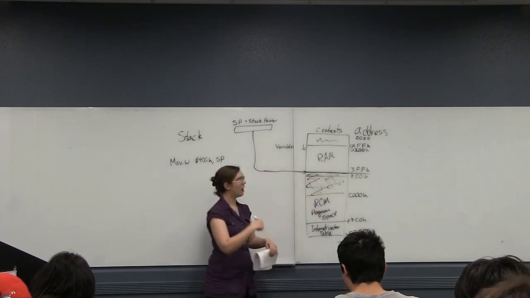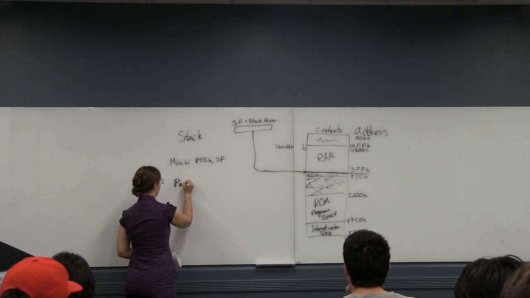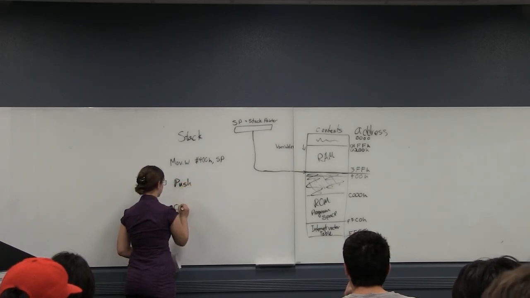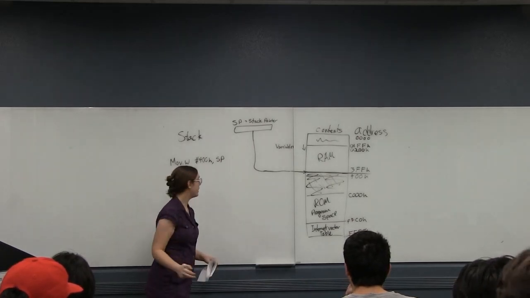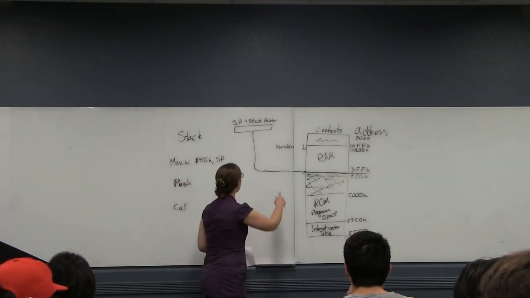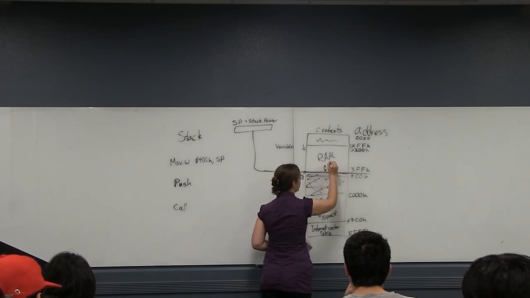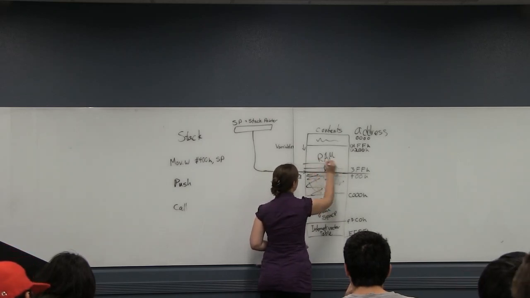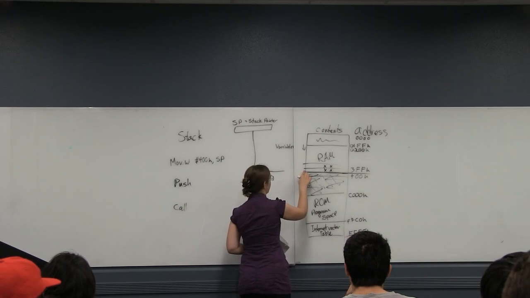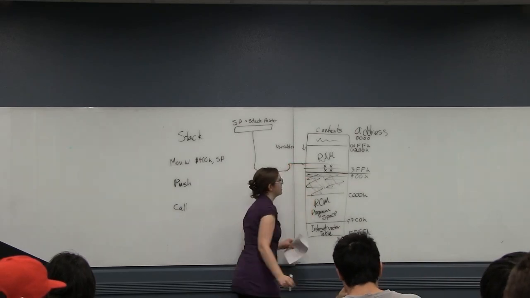When you put something onto the stack, either with a push or a call command, or as we'll see later, an interrupt, it puts something on the stack and then the stack pointer points to the new top address.